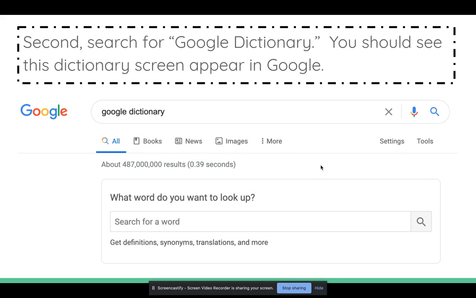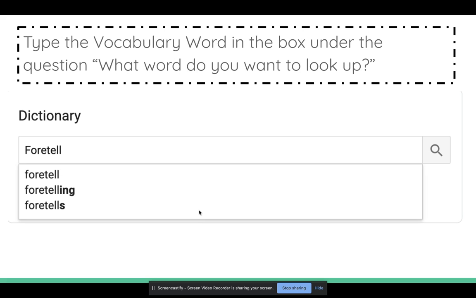The next step is to search for Google Dictionary in your Google search bar. When you type in Google Dictionary and hit enter, you will see this dictionary screen appear in your Google feed. Then you would type the vocabulary word in the box under the question, what word do you want to look up? We're looking up the word foretell, so there we go.